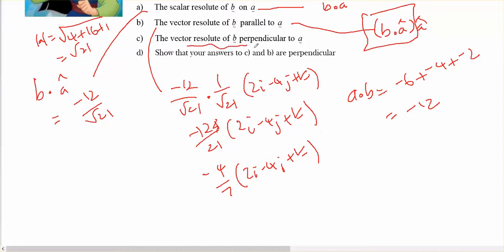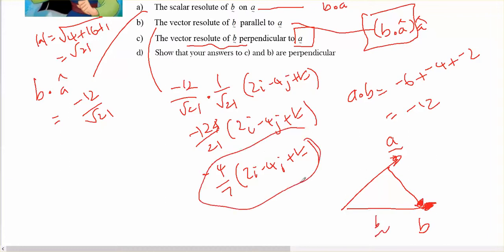Find the vector resolute of B perpendicular to A. So I've got B and I've got A. I'm looking for a resolute of B perpendicular to A, which will be this vector here. And I know B, and I know this because that's what this vector here is.